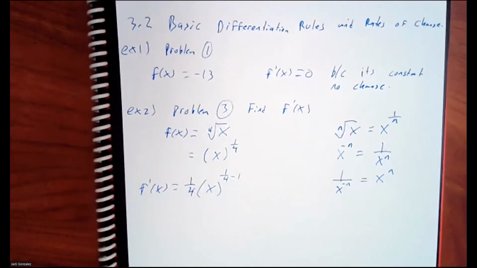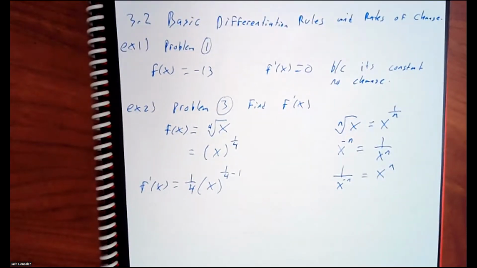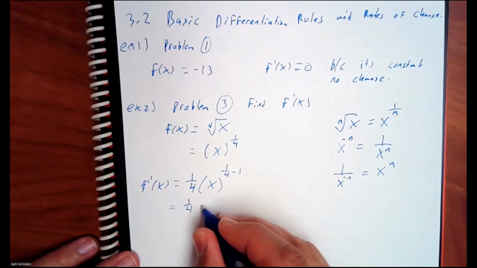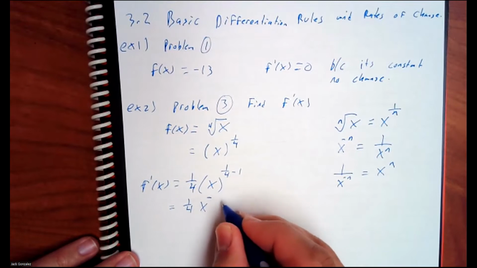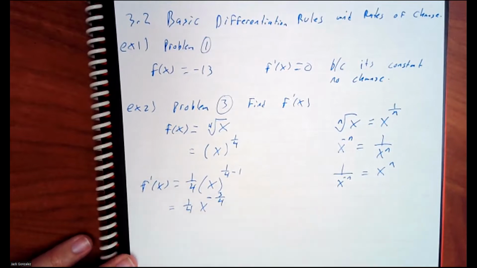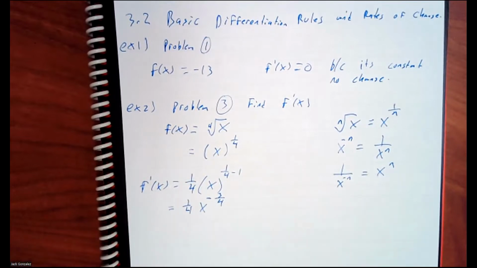What is a 4th minus 1? Negative 3/4. It'd be 1/4 minus 4 over 4, which is negative 3 over 4.